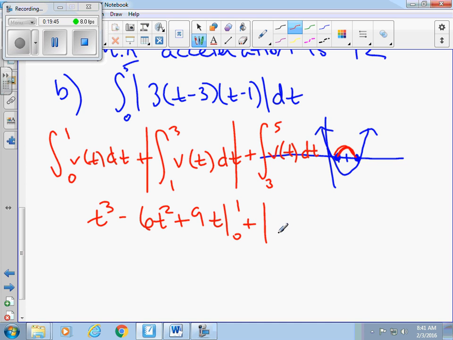And like Grant said, you can either do absolute value, or since you know the answer is negative on the next piece, you could just change the sign. It's up to you. Same thing, t cubed minus 6t squared plus 9t, evaluated from 1 to 3. Absolute value on that.